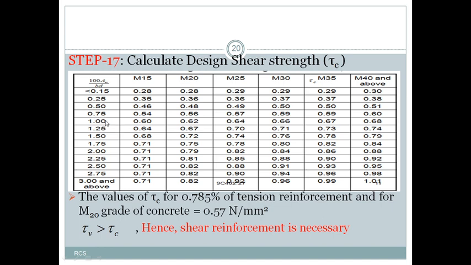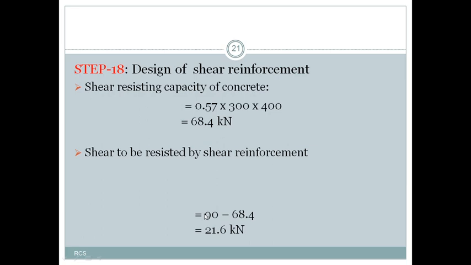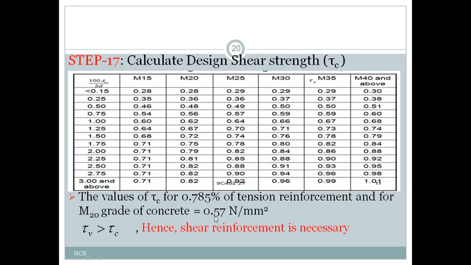So by using the interpolation technique we can calculate the exact value of design shear strength corresponding to 0.785% of steel. After using interpolation for M20 grade concrete and 0.785% steel, we got the design shear strength as 0.87 Newton per mm square.